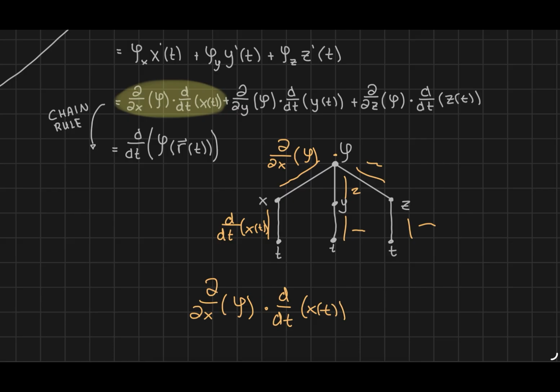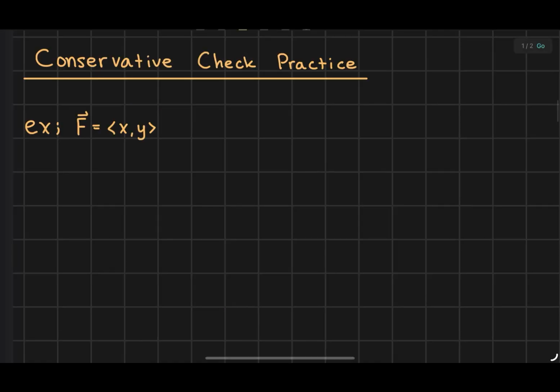And like I said, we get the point on how to do the y and the z, since this phi is a function in x, y, and z. But the point is, using the chain rule, that's how I derived that, and that is how we are going to prove that the fundamental theorem of line integrals works. So now we'll get into the conservative vector field practice.